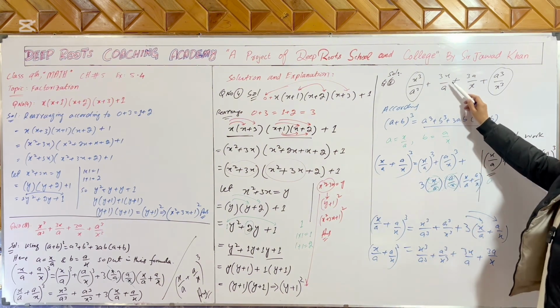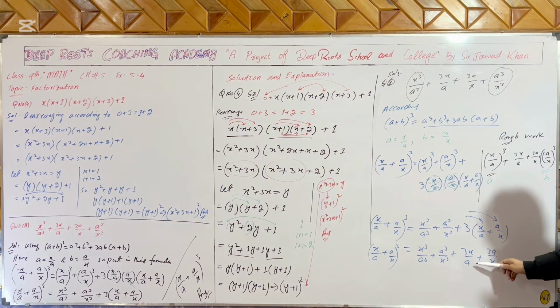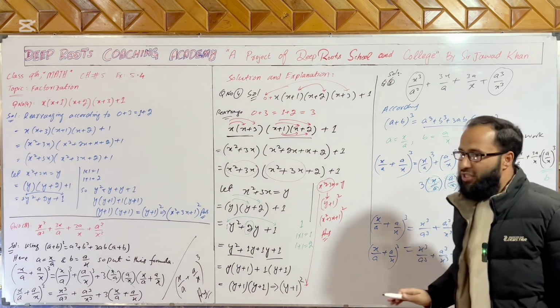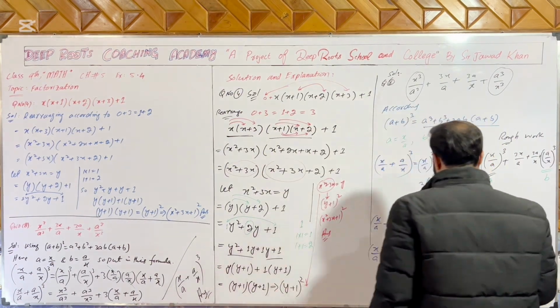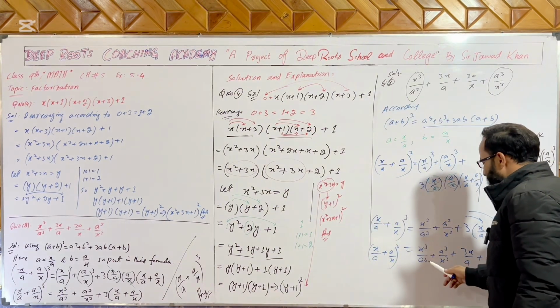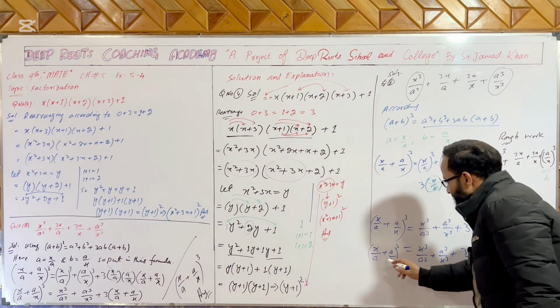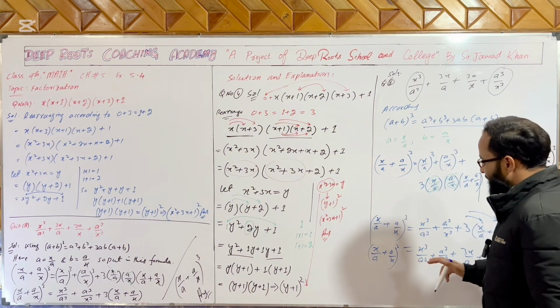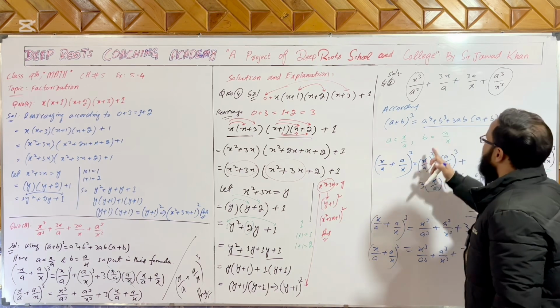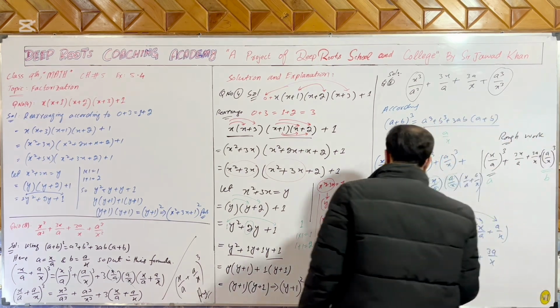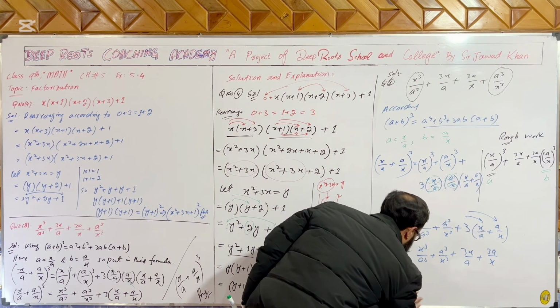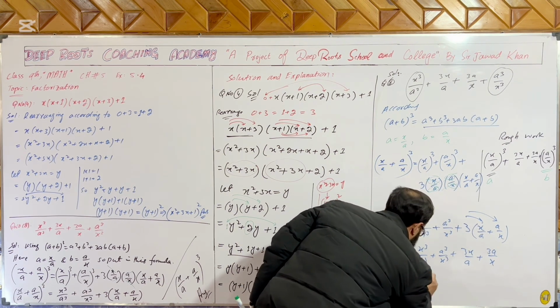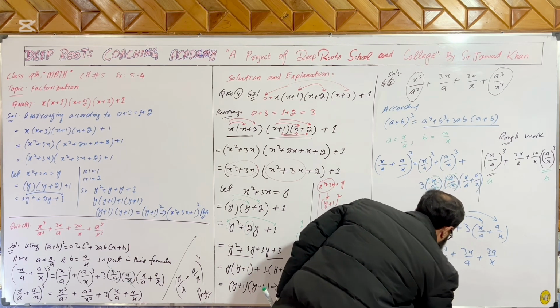Now for the other terms, 3x by a, 3x by a, 3a by x, 3a by x. So from which formula it is derived, or extracted? From this formula it is extracted. Hence this is actually the factorization of this question. So I'll just write that x by a plus a by x whole cube is the answer, or factorization.